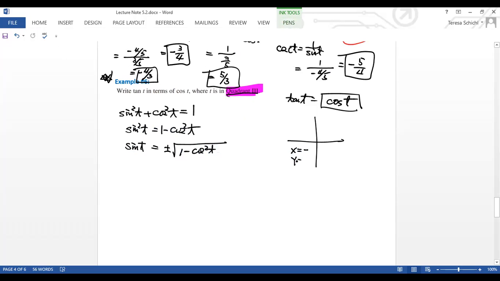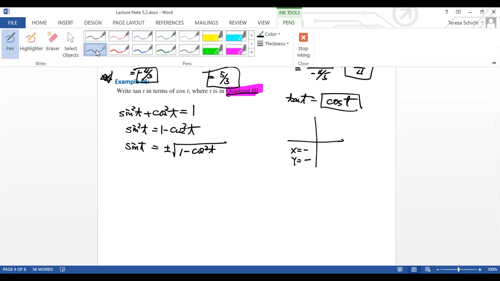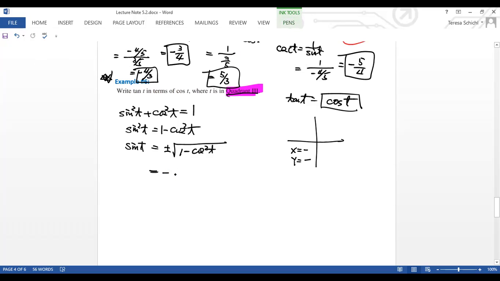Negative. Y is what? Negative, right? So the sine is negative. So what I need to take here is a negative square root of 1 minus cosine squared t, see here.